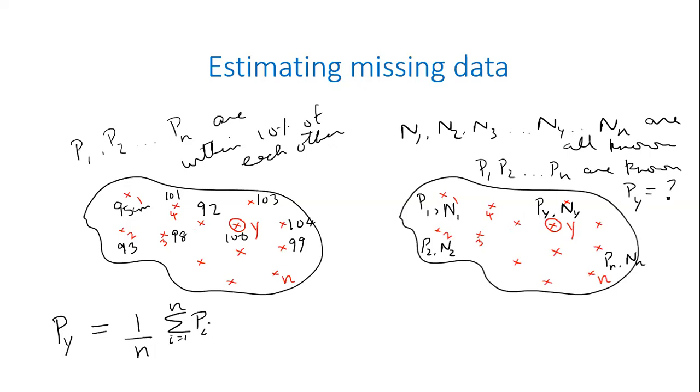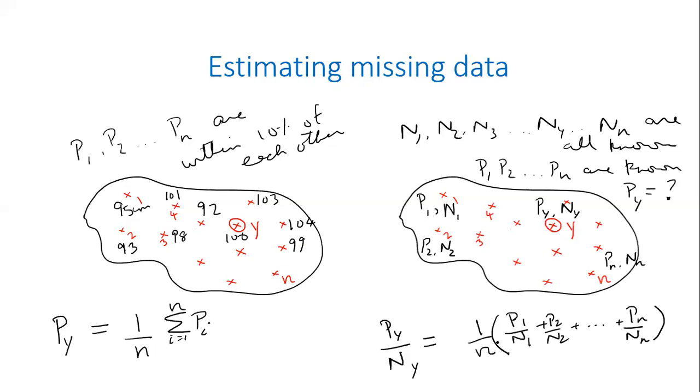So I'm going to write an equation. Tell me if you agree with this. I'm going to say Py divided by Ny equals, I'll put one big parenthesis over here, P1 by N1 plus P2 by N2 plus dot dot dot Pn by Nn, and then this whole thing divided by n.